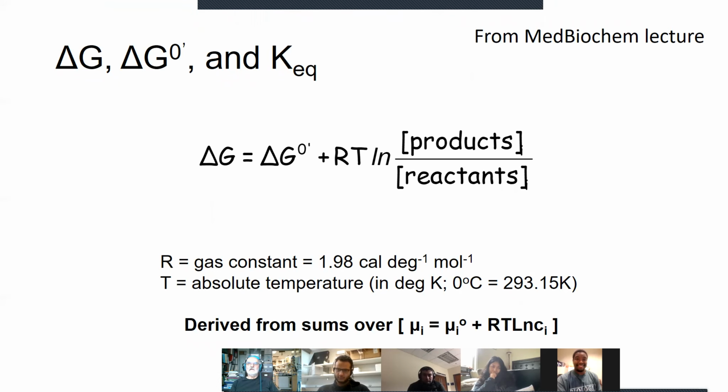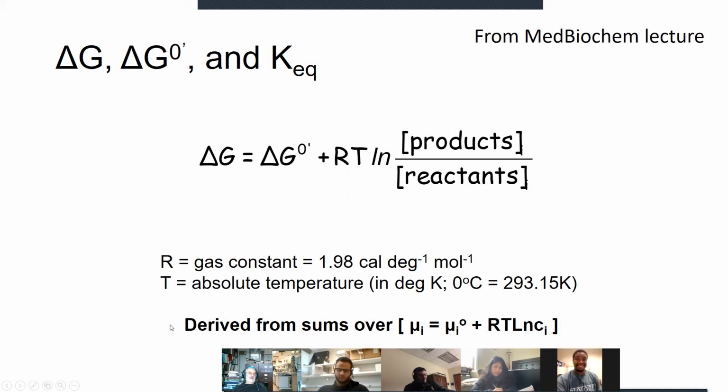In the medical biochemistry lecture, I simply generated this equation by writing it on a slide, and I said that in a different course I will derive this, where I derive these terms from sums over the chemical potential equation.